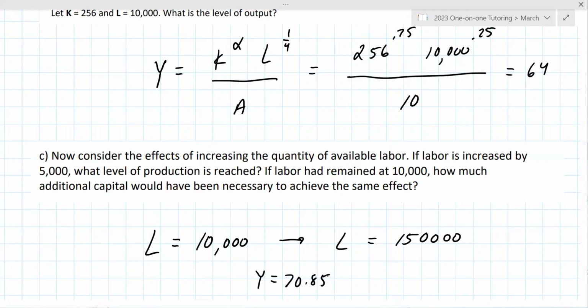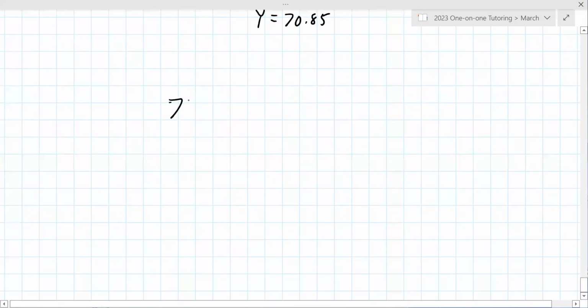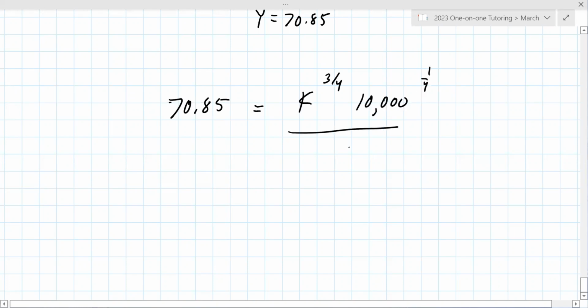And then I think the second one's more difficult here. It says, if labor had remained at 10,000, how much additional capital would be necessary to achieve the same effect? So what they're saying is we want Y to be 70.85, but this time you don't know K. You just know that it's K to the 3/4 and it's 10,000 to the 1/4 over 10.